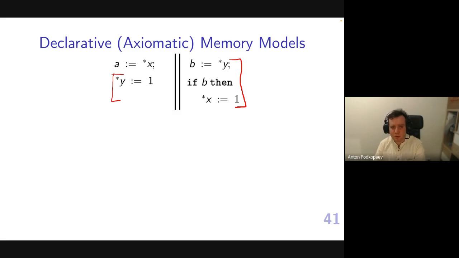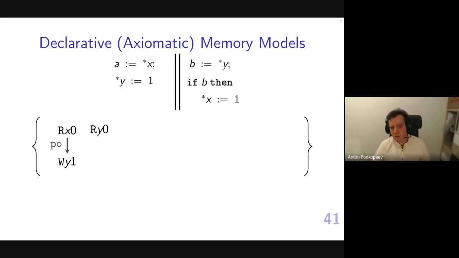The C++ memory model is called a declarative or axiomatic memory model. What it means is that each allowed execution of the program in such memory models is described by some execution graph. Here we have one example of such a graph. In these graphs, each vertex is some memory access.